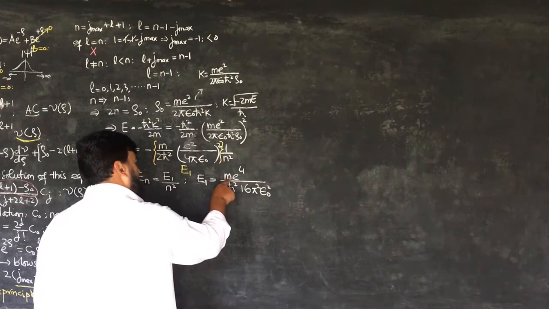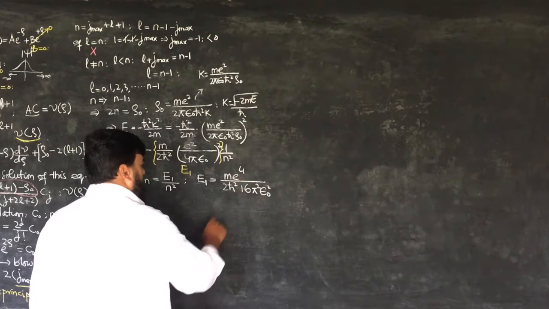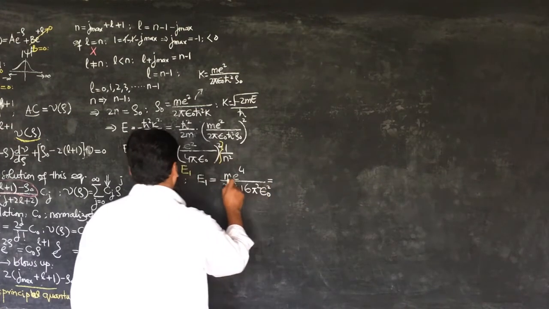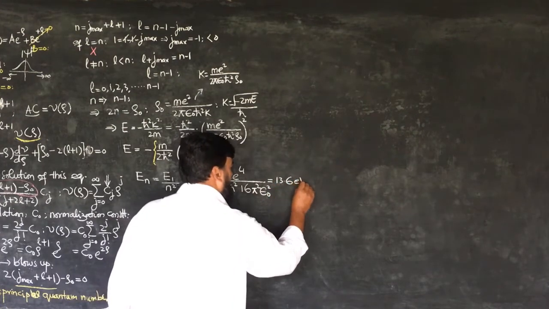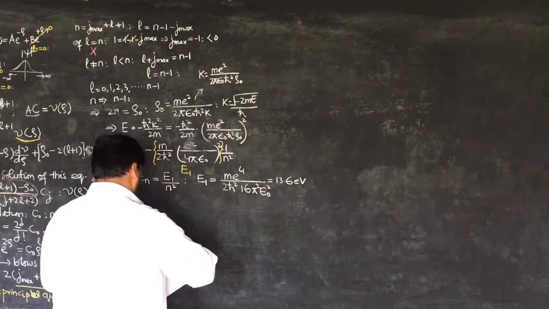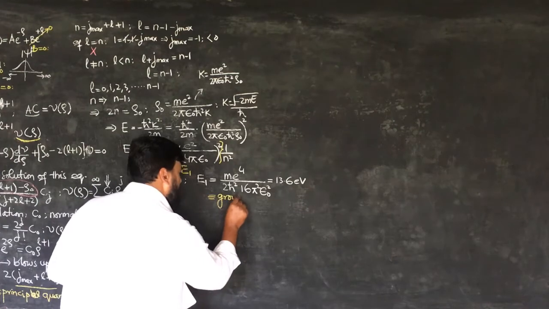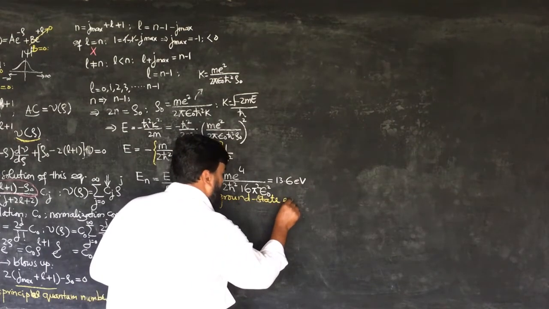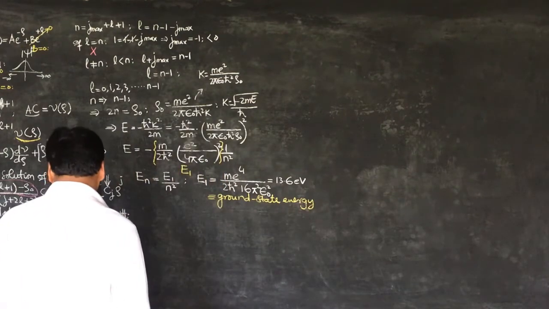If I put the mass of the electron here, for e I put the electronic charge, the h bar value, the epsilon naught value, all this, I will get that this is 13.6 electron volt, which I call the ground state energy of the hydrogen atom.